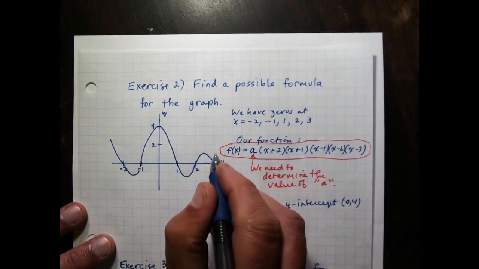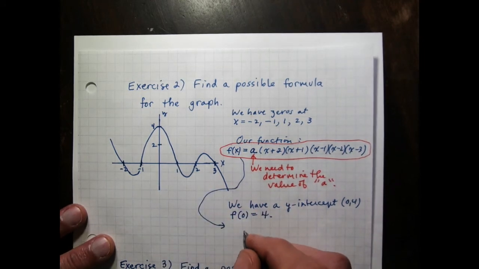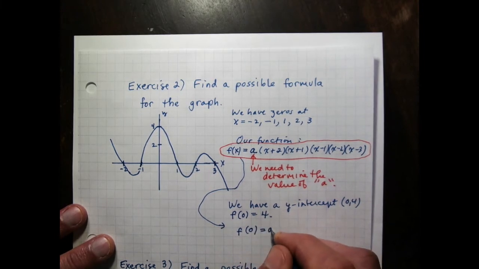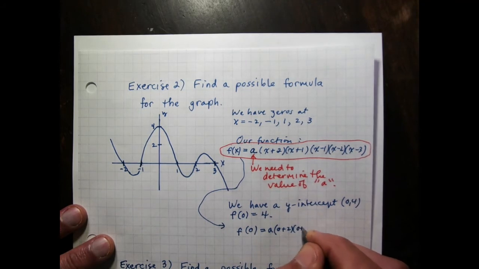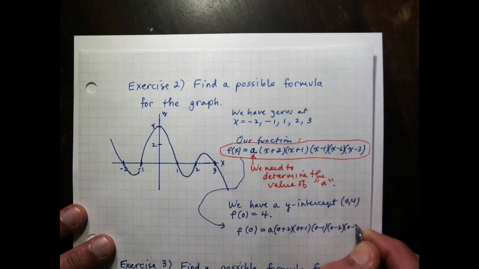And so what I'm going to do is take what we have so far, and plug in 0, so I get A times 0 plus 2, 0 plus 1, 0 minus 1, 0 minus 2, 0 minus 3.